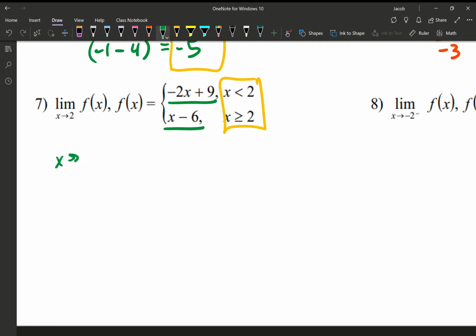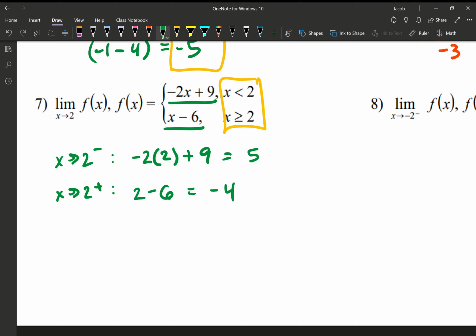As x approaches 2 from the left, our limit is going to be -2 times 2 plus 9, which is 5. As x approaches 2 from the right, our limit is going to be 2 minus 6. That's -4. So this is a case where the limit does not exist, because it does not exist at 2.